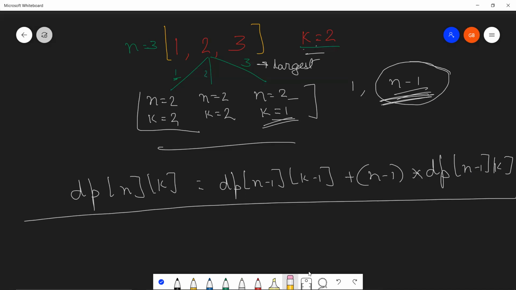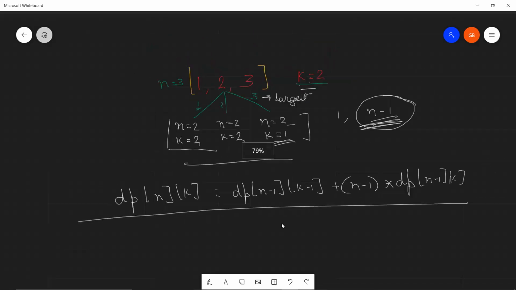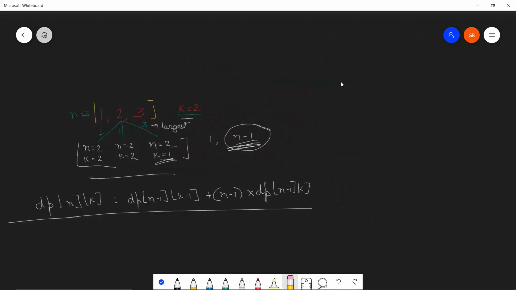Like always, let me quickly break down this problem into steps. First step, initialize dp. Second, perform recursion as explained over here: n minus 1 subproblems where n is being reduced but k remains the same, and one subproblem where n and k both are reduced by 1.